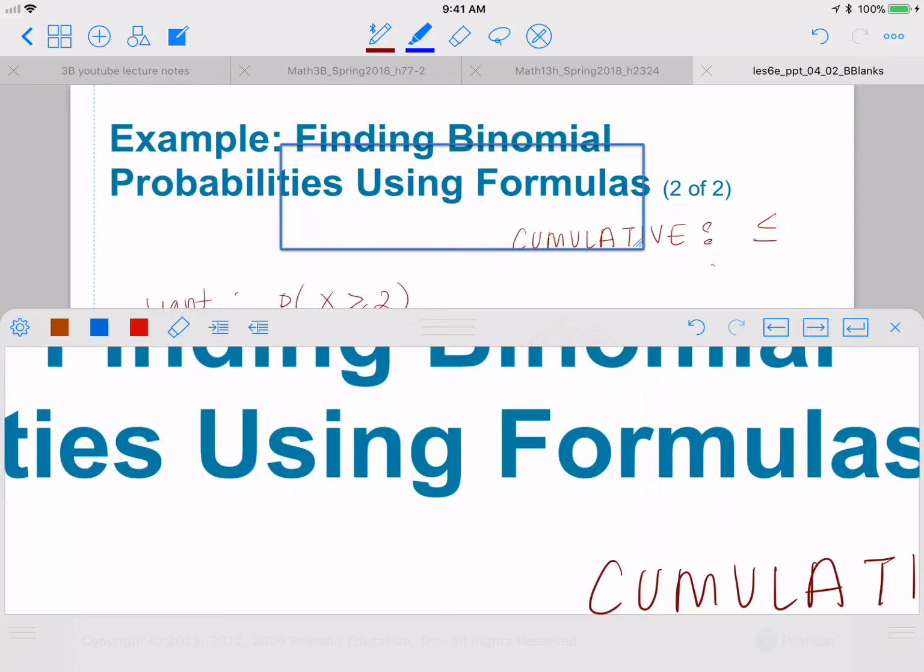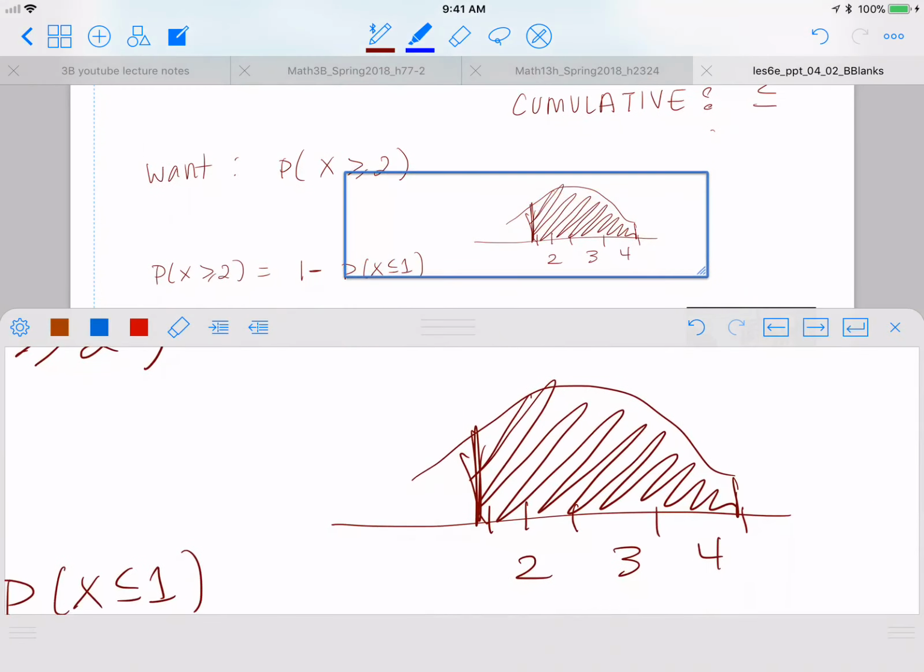So let's look at this. Less than or equal to 1 is going to be over here, right? Because if here's 1 and then here's 0, the probability that you're less than or equal to 1 is going to be to the left.